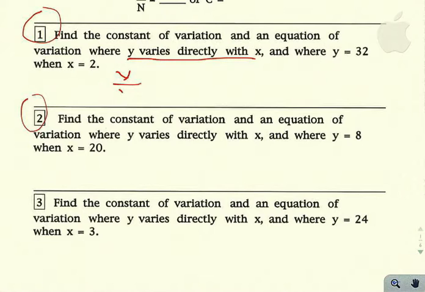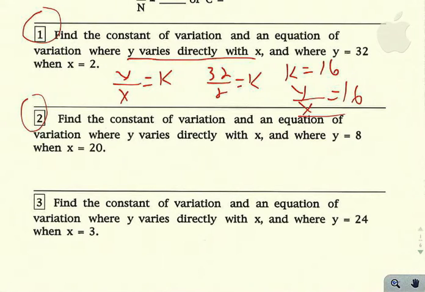That means y over x has got to be a constant. Plug in y and x, and I'll give you your constant. So k is 16. Therefore, y over x is 16. So we found the constant of variation and the equation.